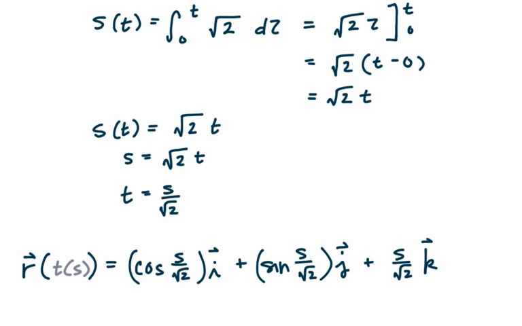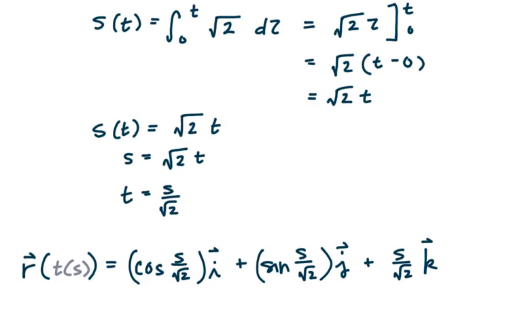Thinking about what we've done here, we took our original position vector, r of t, and that was r in terms of time. We've redefined it as r of s. And r of s is the position in space in terms of that distance s along the curve. So we're still finding position, but not in relation to time, but in relation to distance.